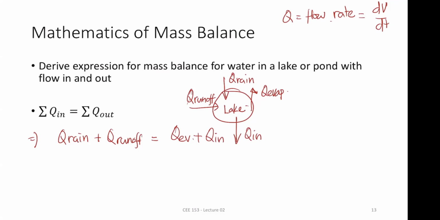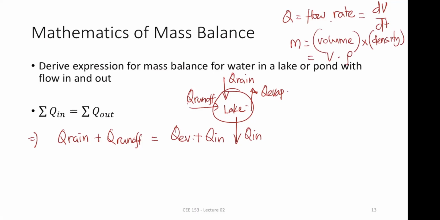The reason is, if you think of what mass is, mass equals volume times density. Volume is V, density is rho. That's the notation I use.